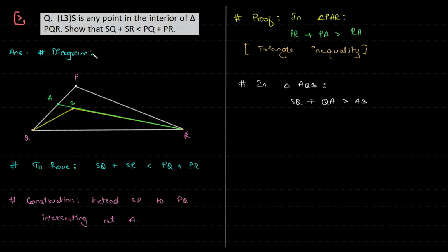We have SQ to be on the other side, and that will help. So we have AQ plus AS greater than QR. Does that make sense?